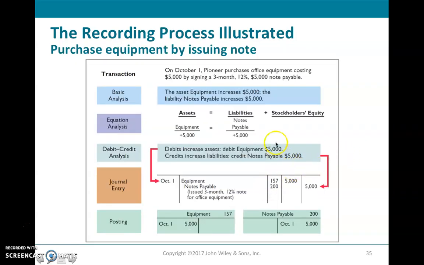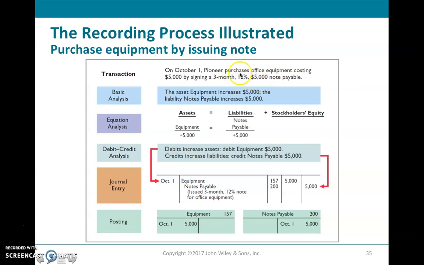So in this transaction, the company has purchased equipment, and they didn't have cash, so they signed notes payable. They signed a piece of paper, a note, promising to pay the amount they borrowed, which is called the principal, 5,000, plus interest on that amount.